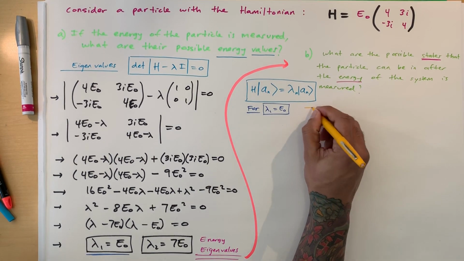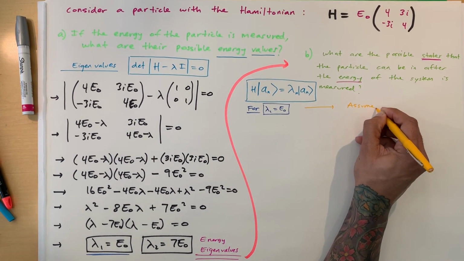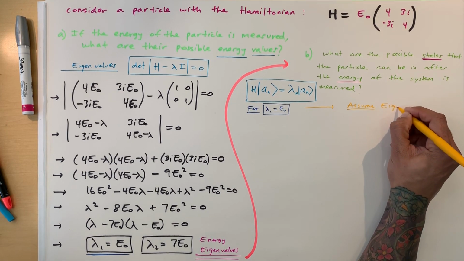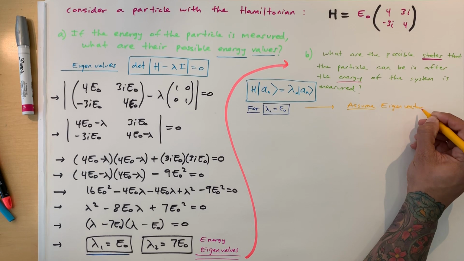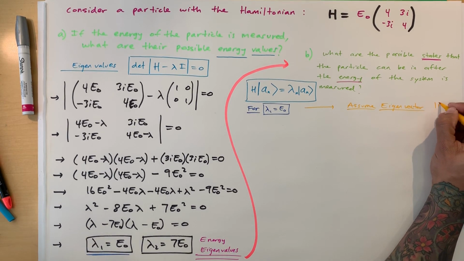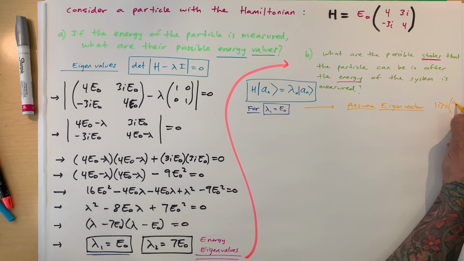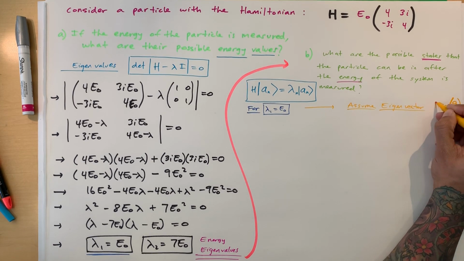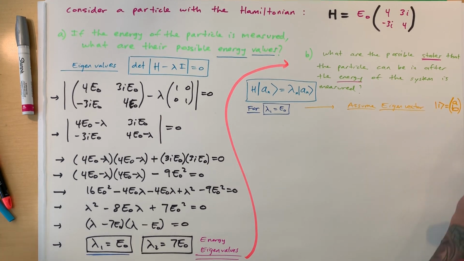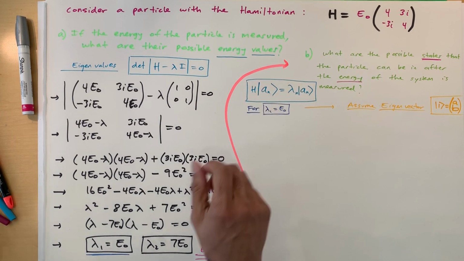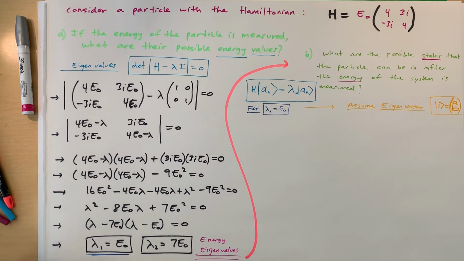Okay, so first we need to assume, okay, let's go over here. We need to assume that the eigenvector representation is just a, b, and the eigenvector is denoted as 1, the state. Okay, so we need to use that first. All right, and now using this equation here, we can solve.